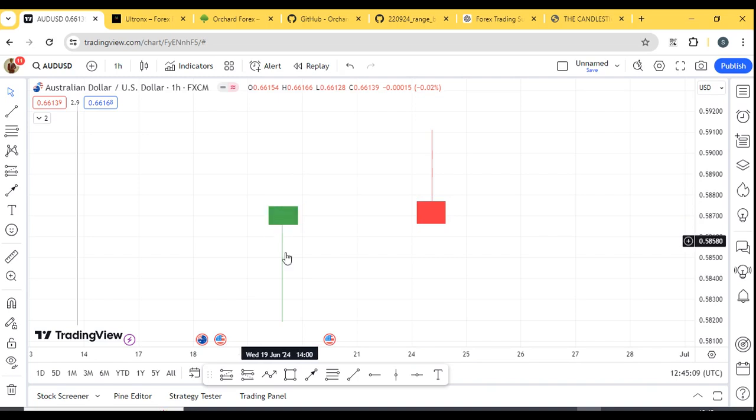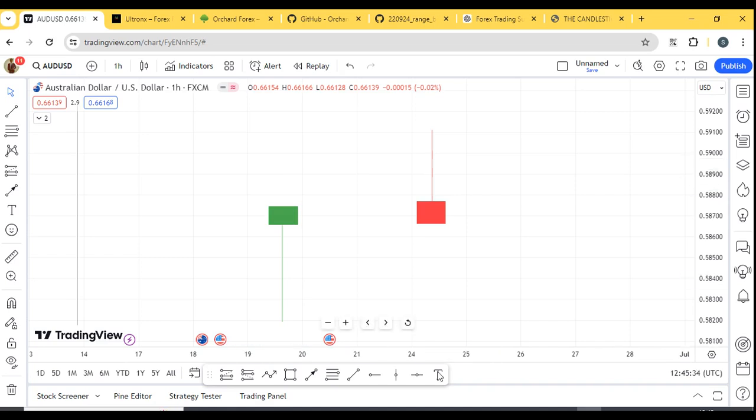This is a hammer. It comes in this way. It can be in this form, a hammer in this form. It can either be a bearish candle or a bullish candle. So this one is called a hammer or a pin bar.